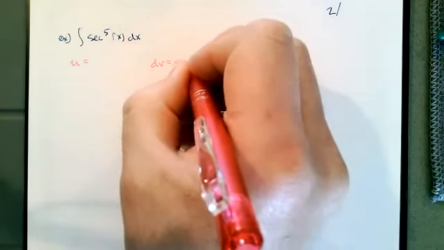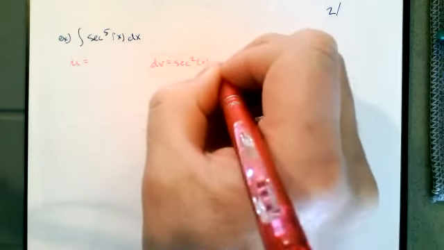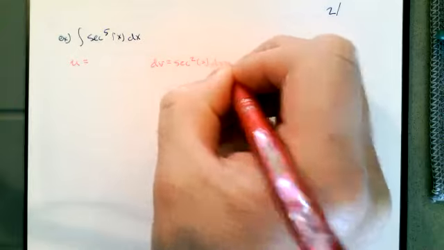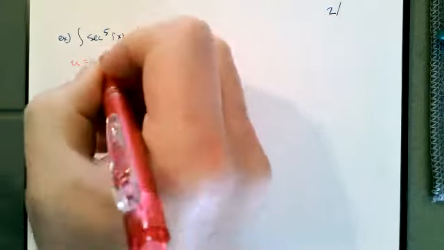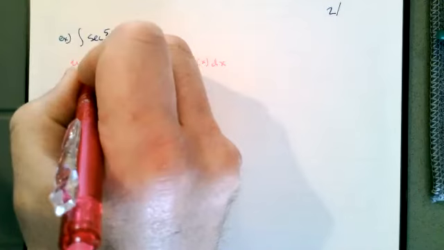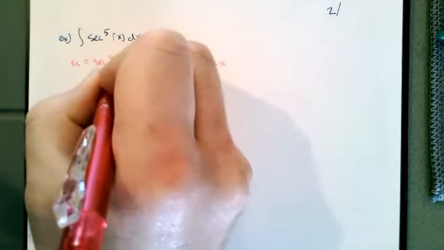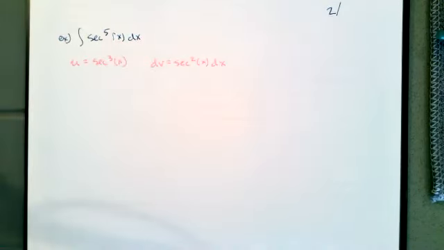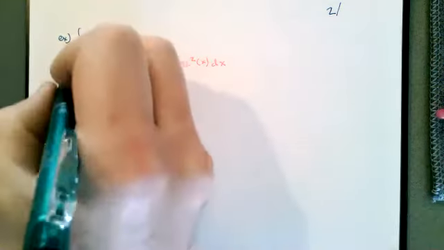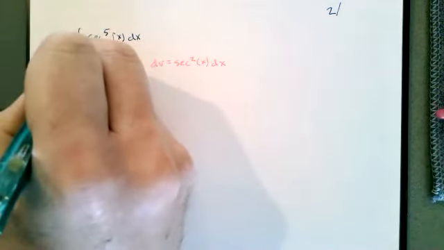So one strategy might be to keep two of the secants here in the integral column, and then put the rest in the derivative column. This is based on the strategy that dv has to be something that you can integrate. So then we take derivatives on the u column.